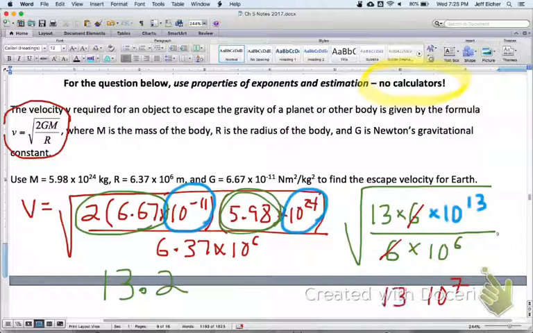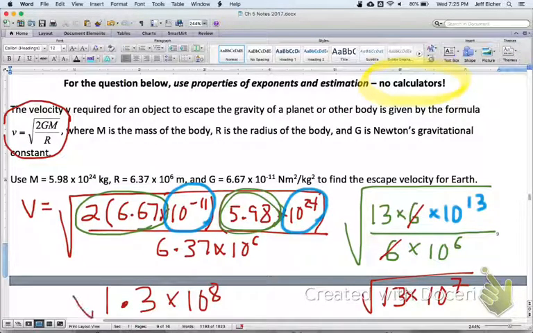So we have 13 times 10 to the 7th. Almost there, just need a little bit more space. 13 times 10 to the 7th could be written as 1.3 times 10 to the 8th. Moving the decimal place, putting it in proper scientific notation.